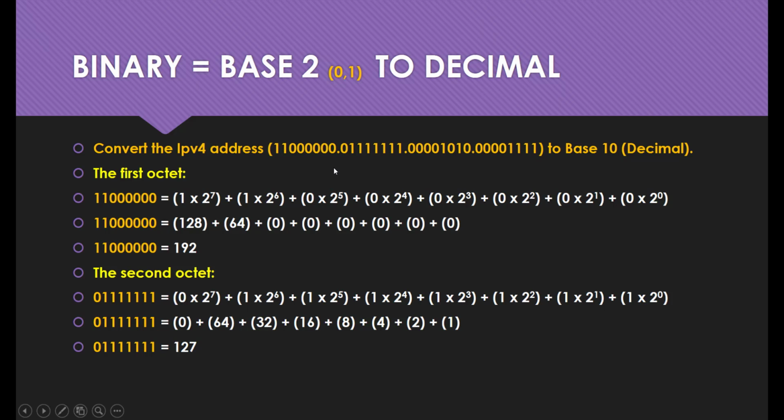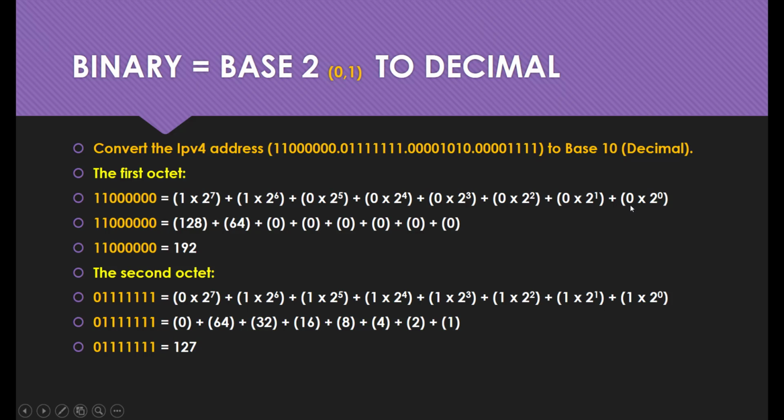To solve this, we're going to split them into octets, because that's why they are separated by the dots. IP version 4 addresses are actually 4 octets joined together by the dots. We'll take the first octet, and we use the same process. We start from the last digit, which is 0.